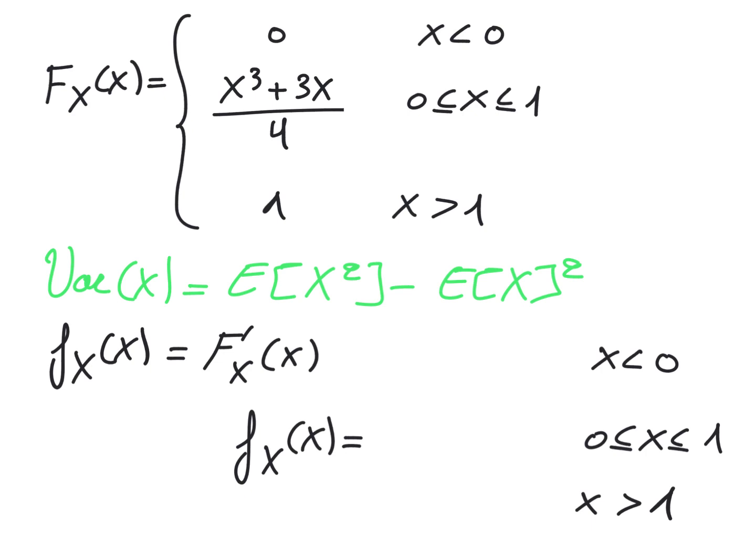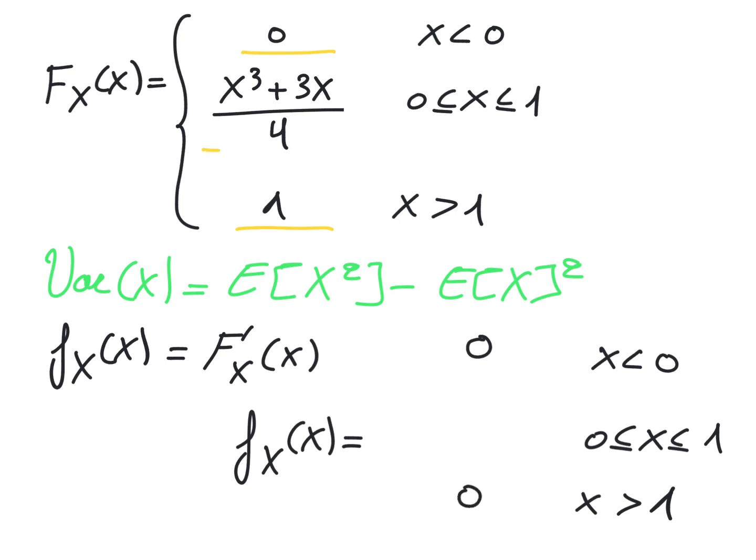First part, for x smaller than 0, our cumulative distribution is equal to 0. The derivative of 0 is 0, so we get 0. Same thing happens here. Here our cumulative distribution function is the constant function 1. For all x larger than 1, the derivative of a constant is 0, so here too we get 0.